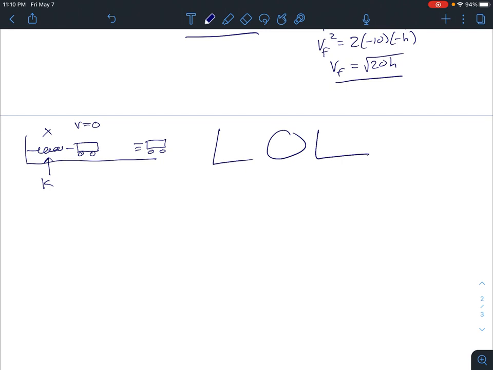So in the beginning, in my situation A here, the cart's compressed up against the spring. Now it does not have any velocity, so there's no EK, oops, sorry, that's EE.